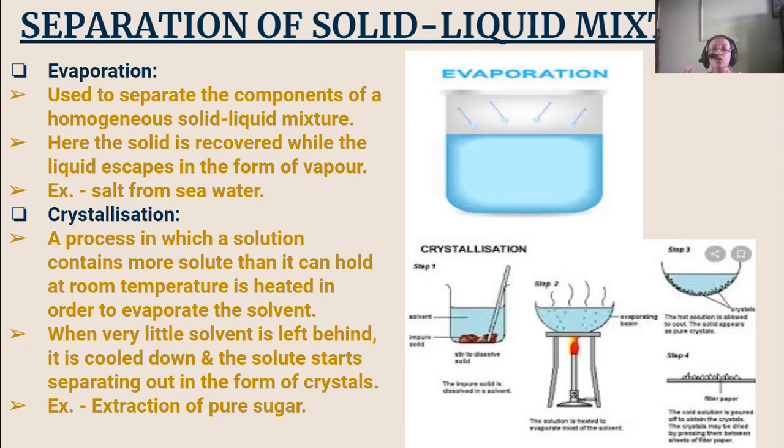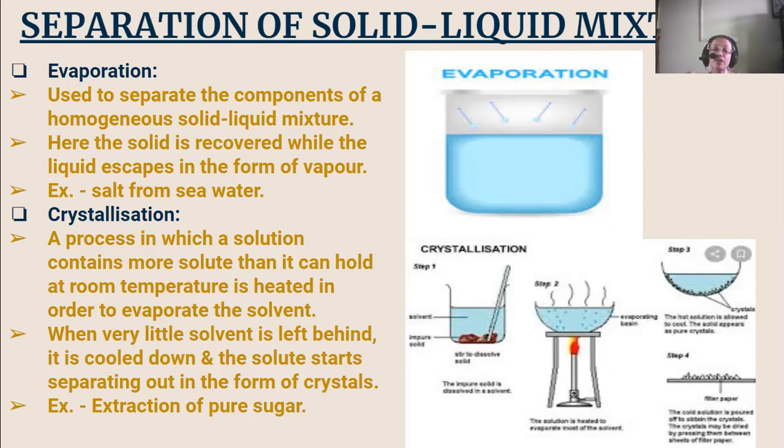At one time, no more solute will get dissolved in the solvent. At that time we will stop heating and start cooling down the mixture. When we cool down the mixture, the solute particles will separate out from the mixture in the form of crystals. That's why this process is known as crystallization.